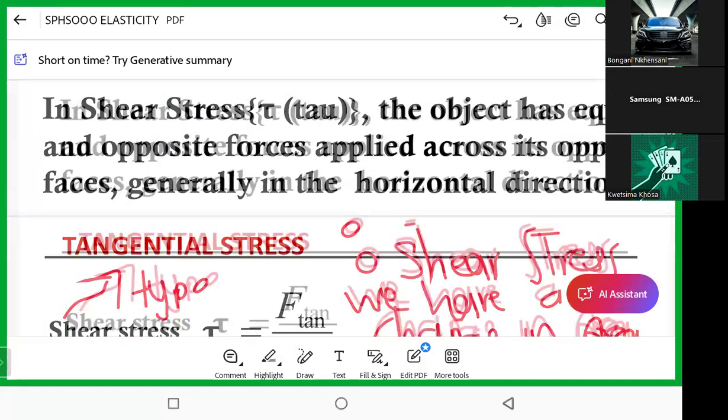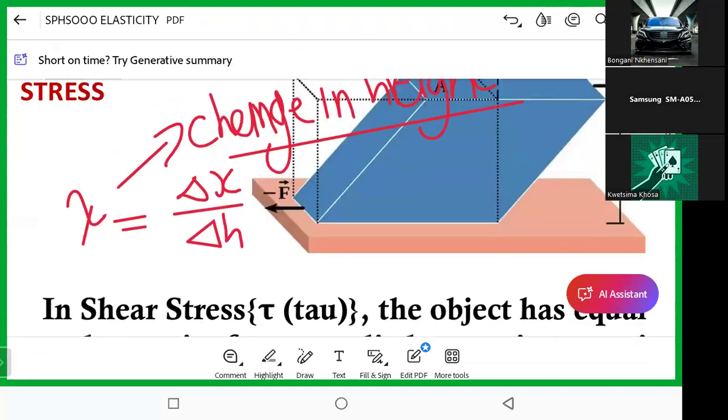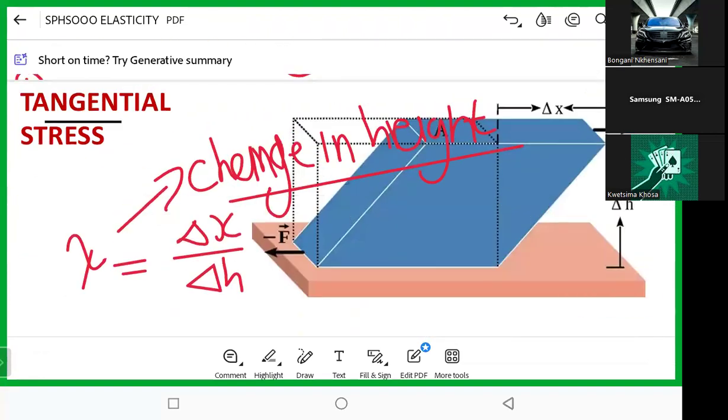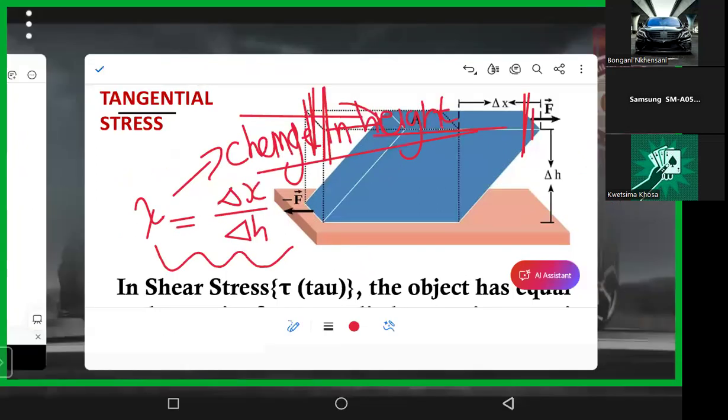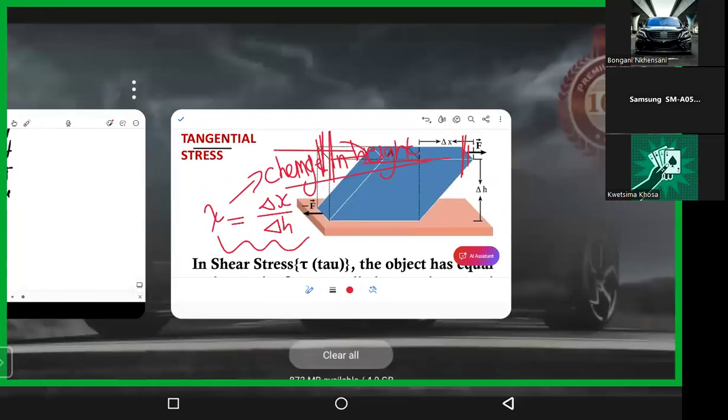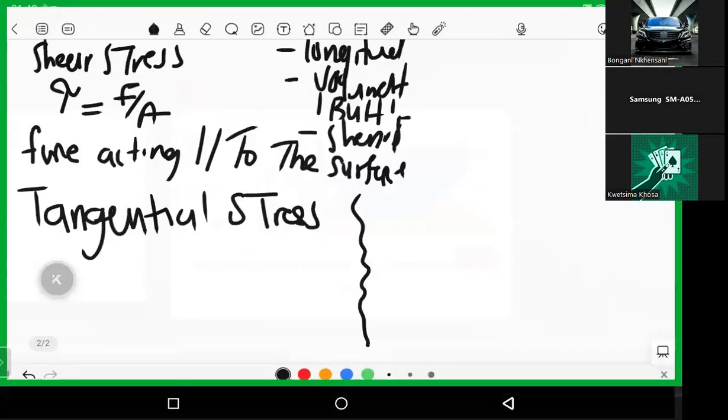This one is responsible for the change in the displacement. When you're applying a force, we're checking the amount of displacement. So this is the formula: lambda equal to change in x over h.